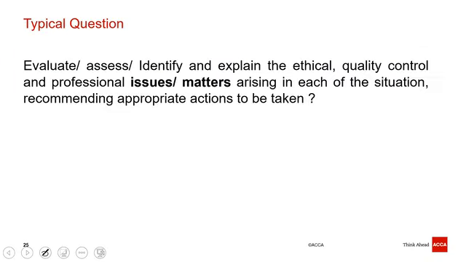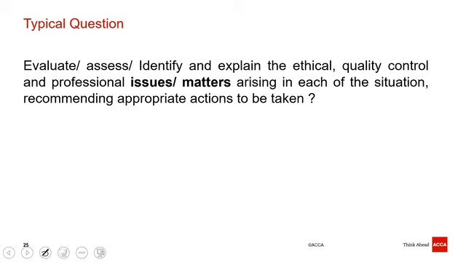When you look at the challenge with this topic in P7, I normally find students complaining that they're not very good at identifying the ethical, professional, and quality control matters. What I have seen is that students are very good at ethical matters. They would be very good at identifying an ethical threat from a case study: the self-review threat, the familiarity threat, the advocacy threat, the intimidation threat, the self-interest threat.